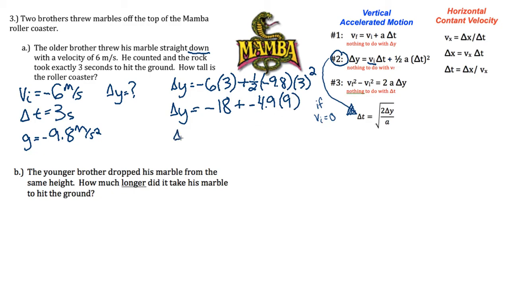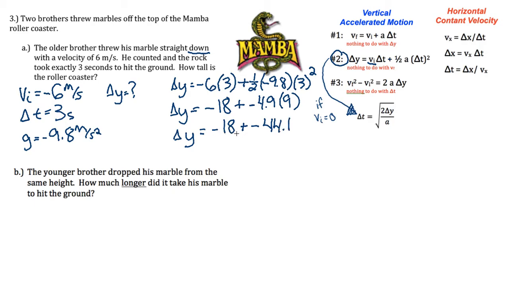Okay, that makes delta y equal to negative 18 plus negative 4.9 times 9. Let me get a calculator really quick. That gives you an answer of negative 44.1.